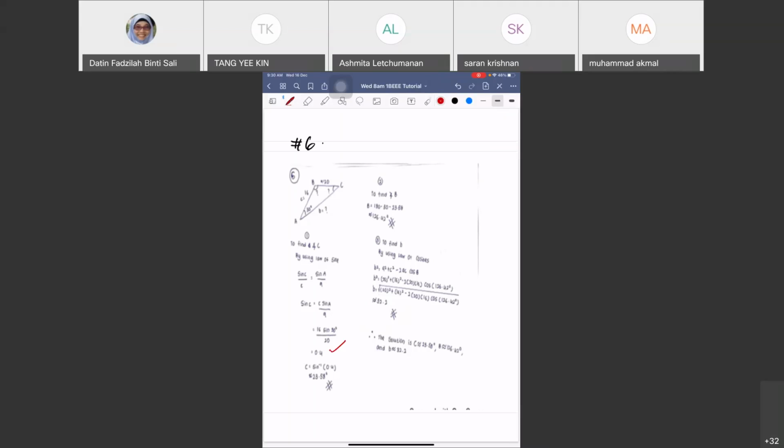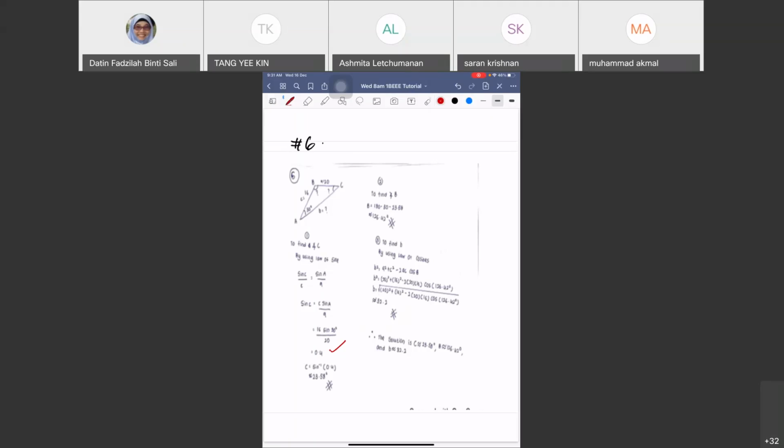Okay, let me use my calculator as well. Let me check the value as well. Okay, can you all try to do this one as well? Try to go over this solution, and then along the way maybe you double check the answer.